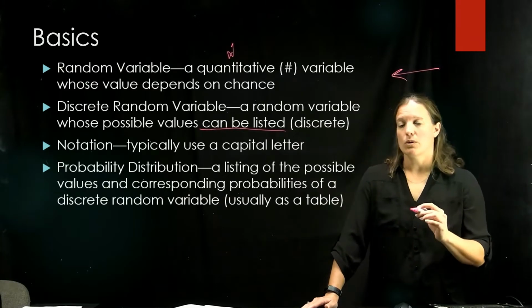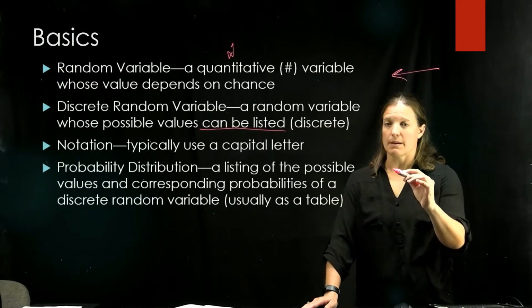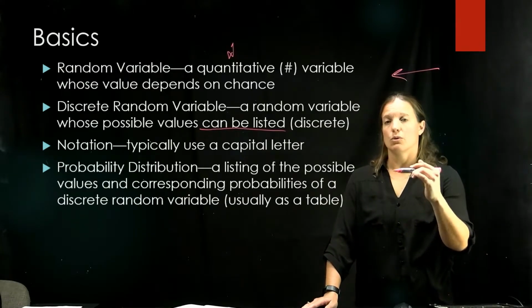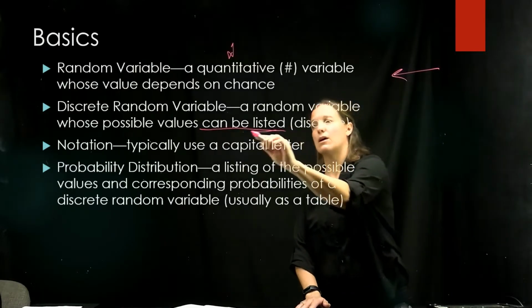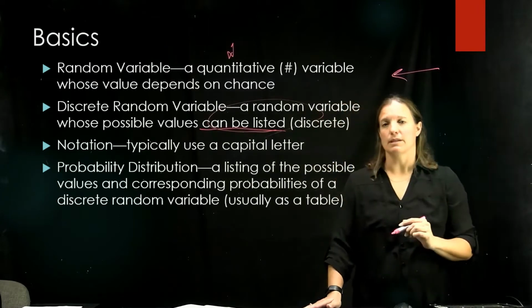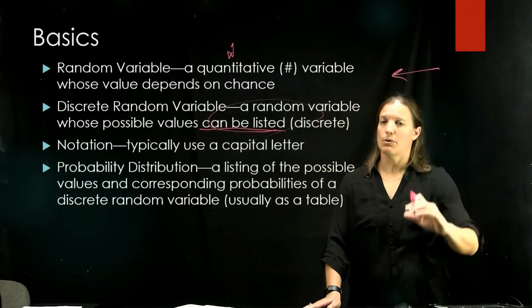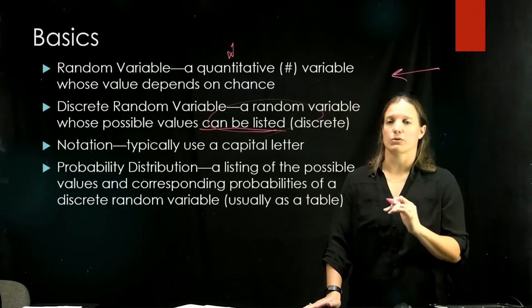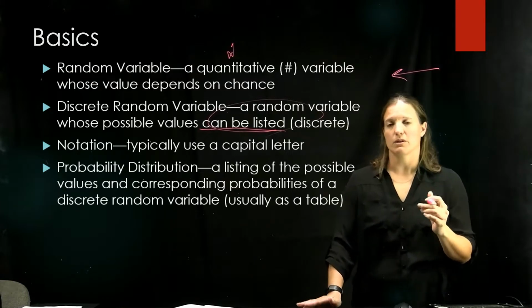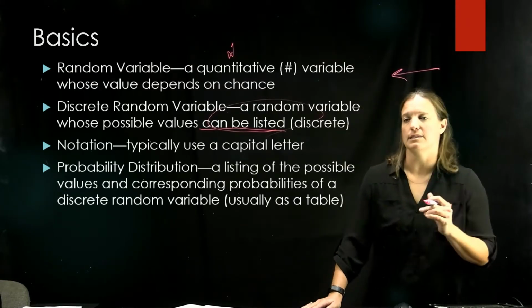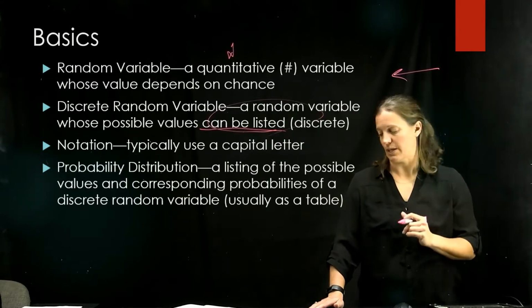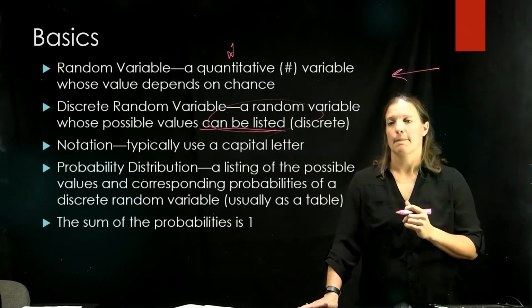And then we're going to look at how to make a probability distribution. What this probability distribution is: we take all those values that can be listed and put them into a chart along with their associated probabilities. So it's usually going to be in the form of a table. It doesn't have to be. It could just be any listing of those values and their corresponding probabilities.